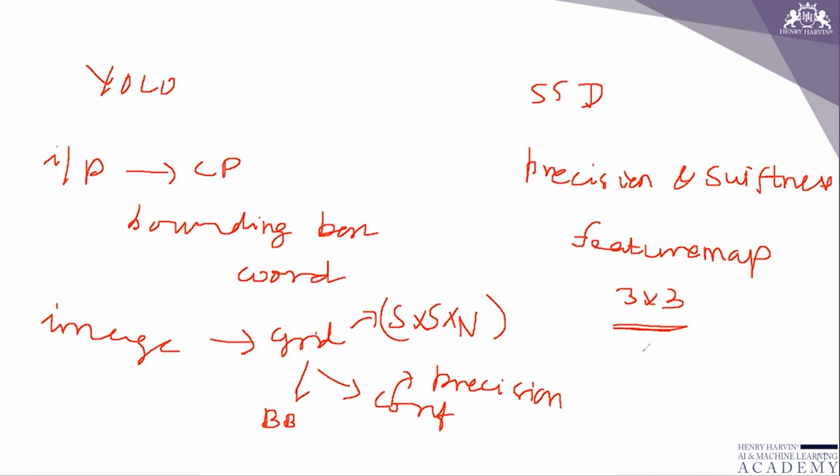SSD also uses anchor boxes at a variety of aspect ratios, which is similar to Faster RCNN, and it learns the offset rather than learning the box. In order to handle scale, SSD predicts bounding boxes after multiple convolution layers. Since every convolution layer functions at a different scale, it is able to detect objects at a mixture of scales, right?